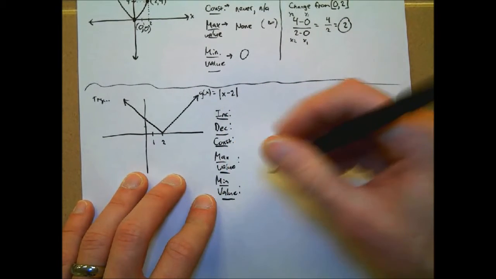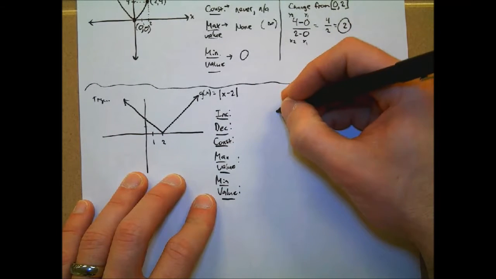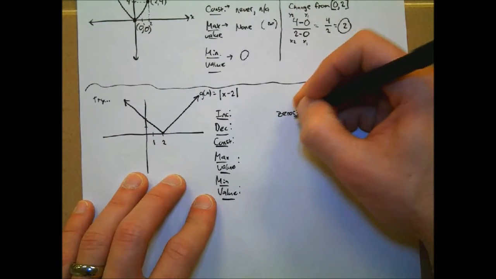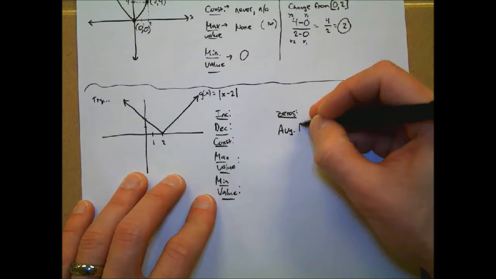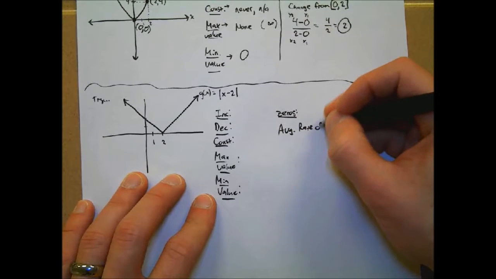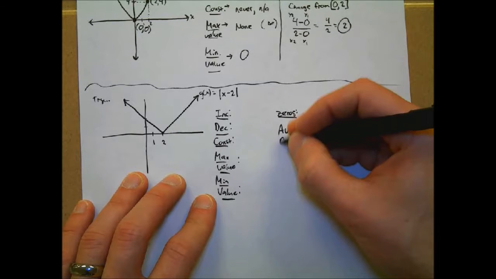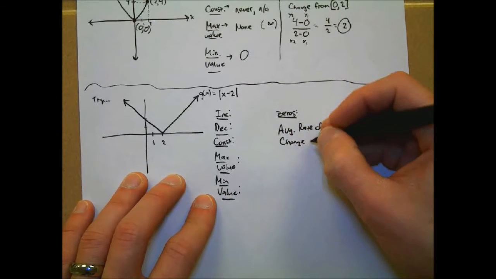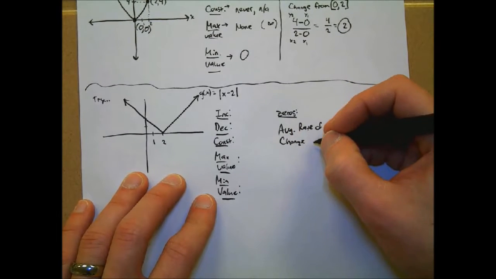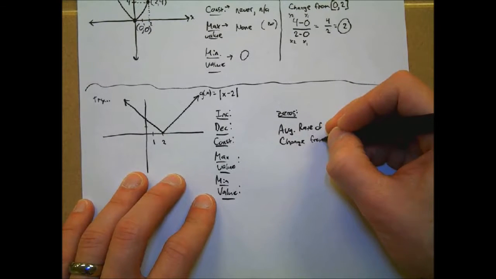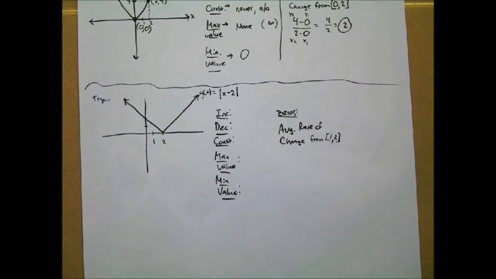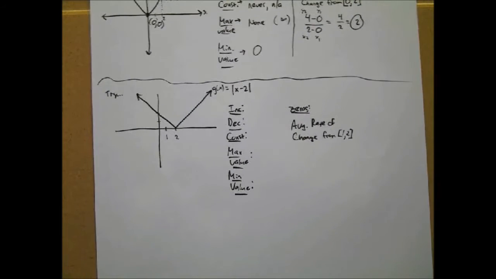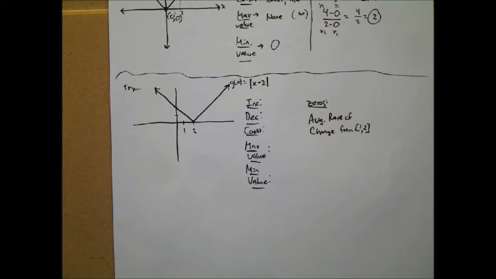And the zeros, if there are any. And then we'll also have you do the average rate of change, and this one I'll have us do from 1 to 2. So go ahead, give that one a try. You can come up with it, and I'll come around and help if you need it.